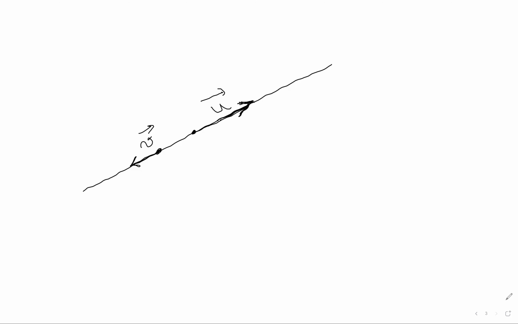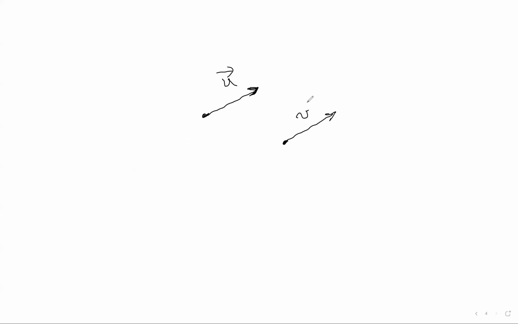Okay, before talking about parallel vectors, let me talk a little bit on basic things related to vectors. So in the plane, two vectors might be in different positions, but still they might be considered equal. So this vector and this vector, they are equal.